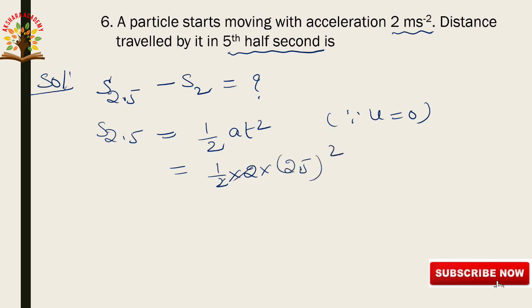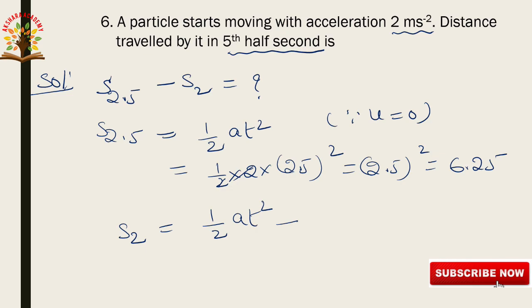The 2 gets canceled, 2.5 whole square is 6.25. Next, s2 is equal to half a t square, that is half into a, which is 2, and t is also 2, the 2 gets canceled, 2 square is 4.